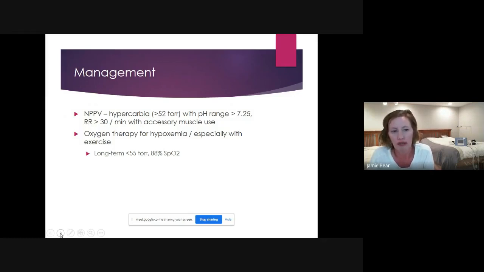Long-term, they qualify for long-term oxygen when their PaO2 is less than 55 torr and/or their SpO2 is 88% or lower. And as I said, make sure that you walk them as well, like a 6-minute walk test, because you don't want to just do it at rest and say, oh, they don't qualify. But then if they do start exercising, they may qualify for it.